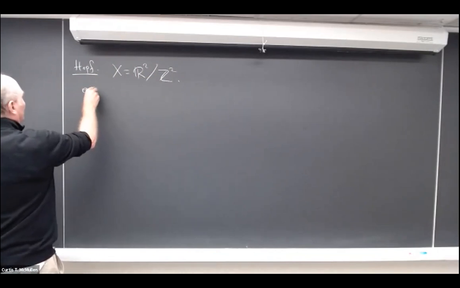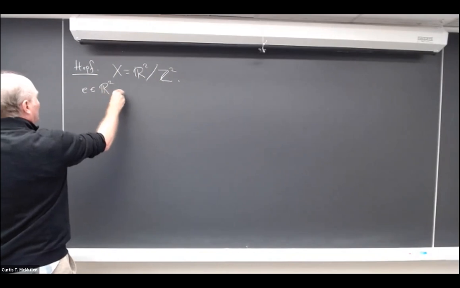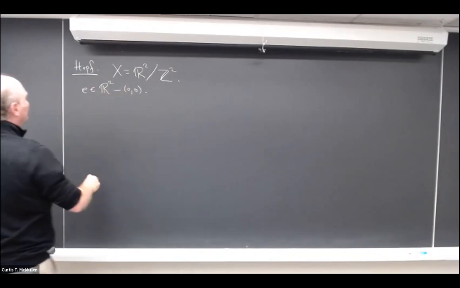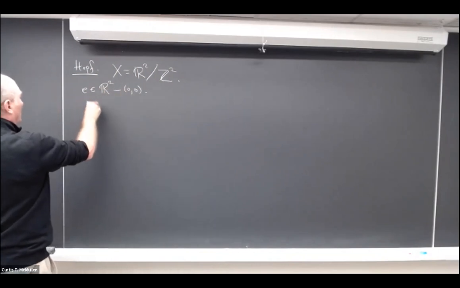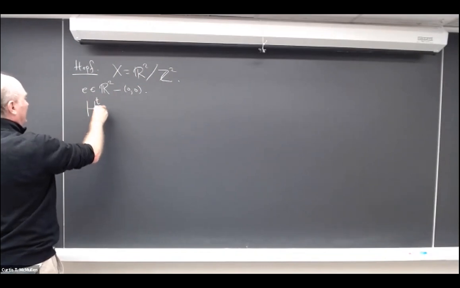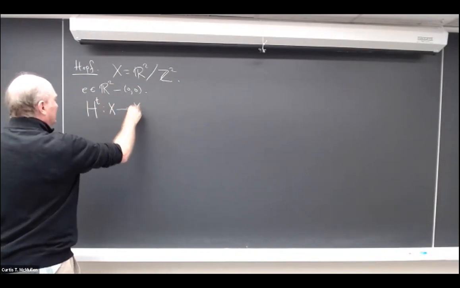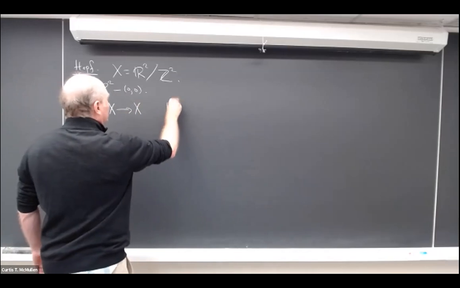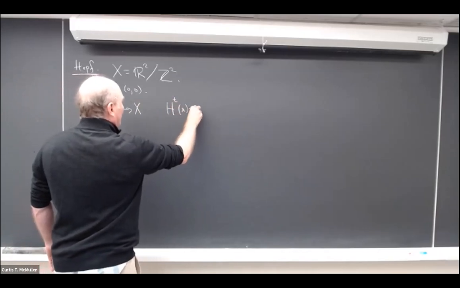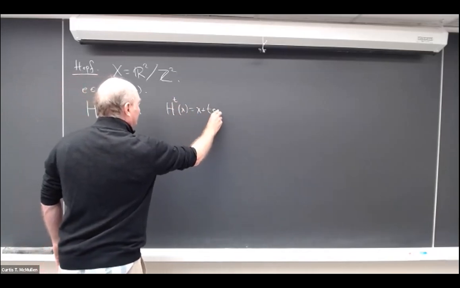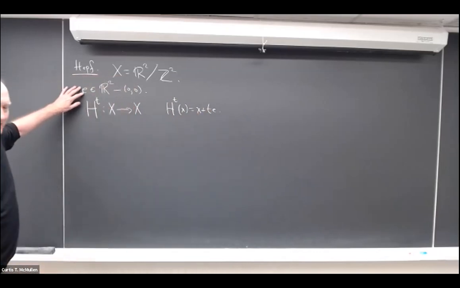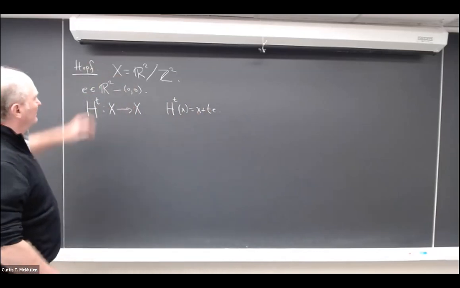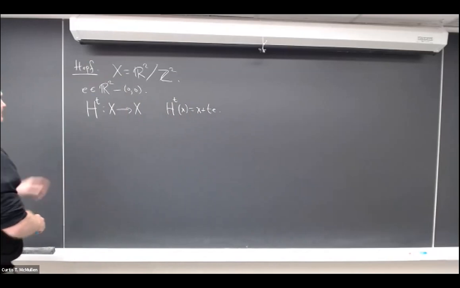So we pick a vector E in R2 not equal to 0, and we consider the flow on the torus, h_t from X to X, given by just translation by this vector E. So you can think of E as being in the tangent space to the torus, which is trivialized by translation.